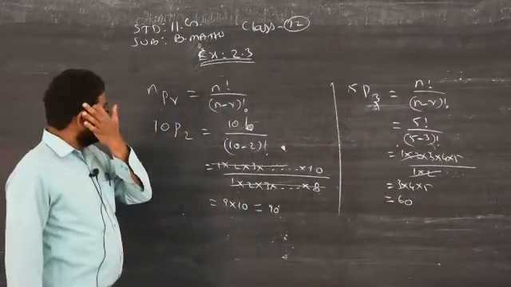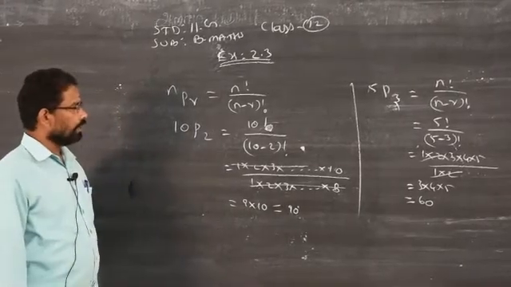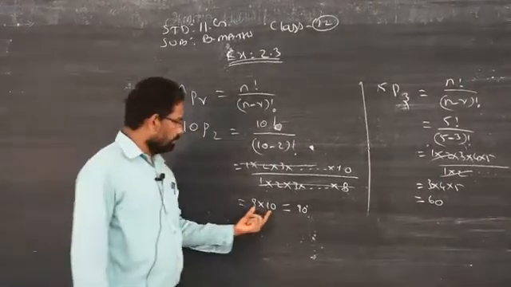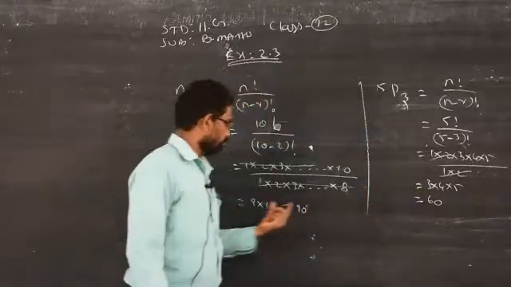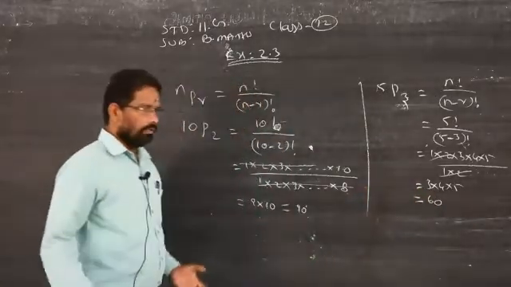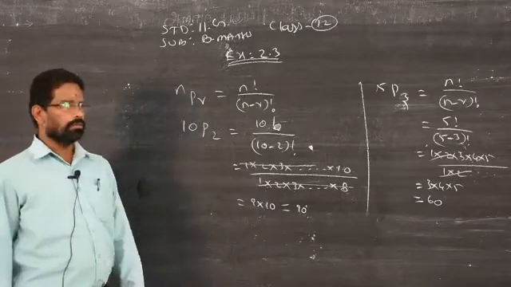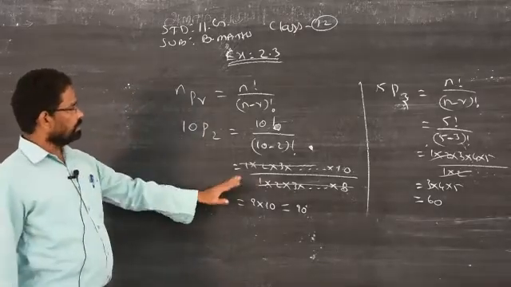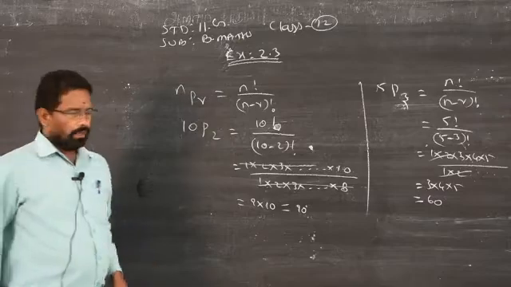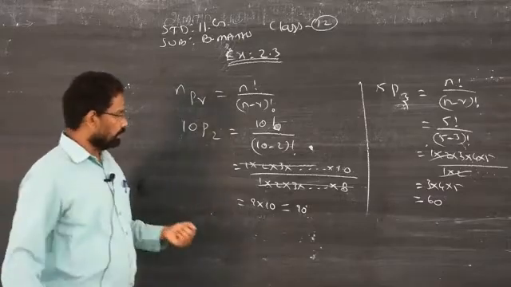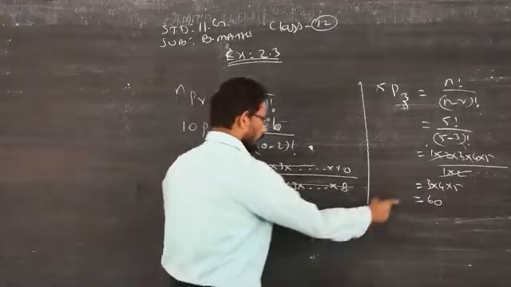See, by seeing these two final answers, we can conclude one short method instead of applying the formula for all the problems. Even if you work out all the problems using the formula it is also correct, but without using the formula you can also proceed by seeing the last step alone.